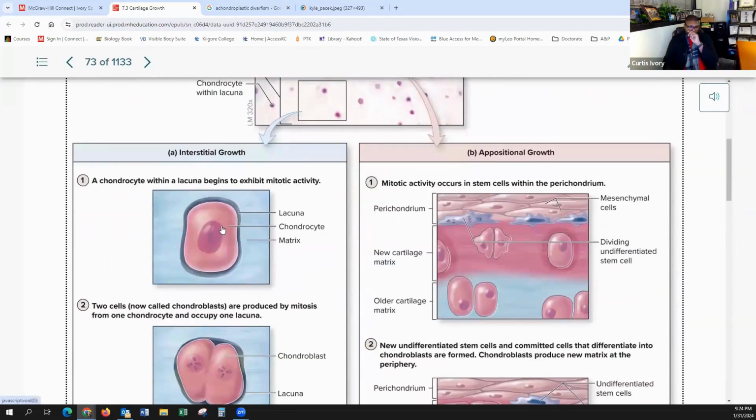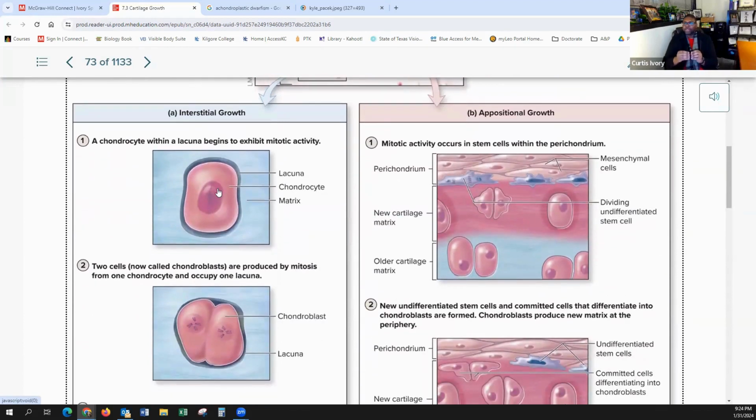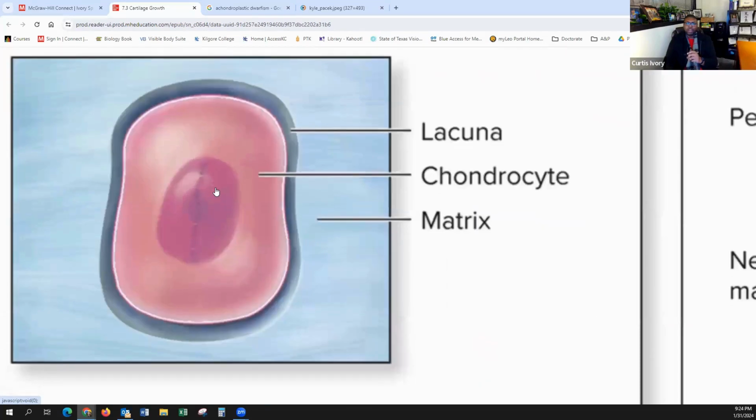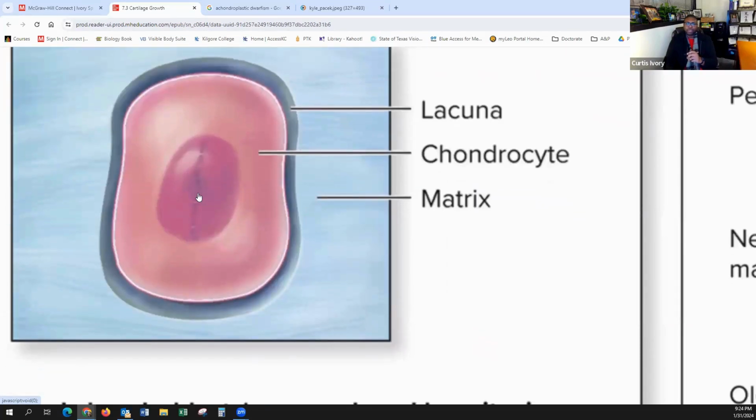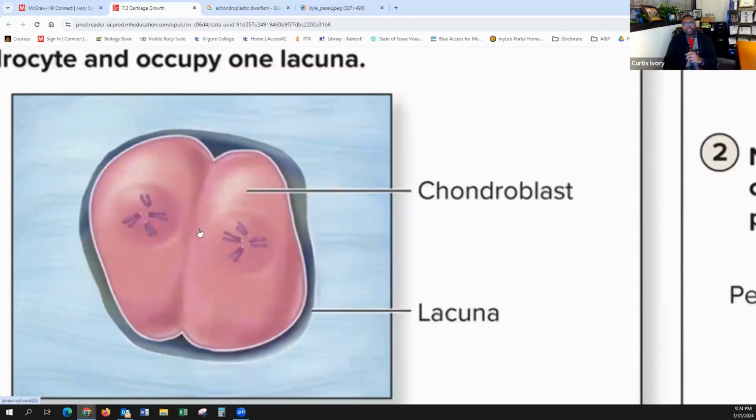So cartilage growth is kind of interesting because if you go back to mitosis, essentially here you can see that the chromosomes are going through mitosis, which in this actual phase is a metaphase. You see those chromosomes lining up in the middle. And then you start seeing that in the lacunae, the chondrocytes start splitting apart.